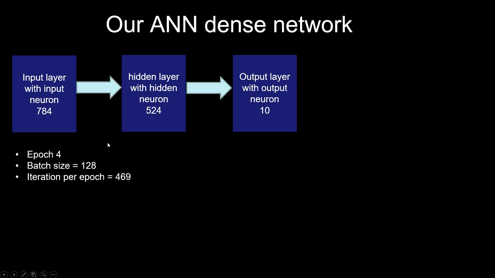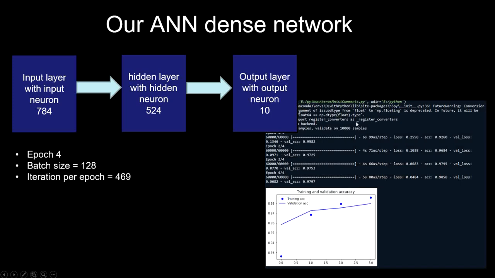In our previous case, we have an input with 784 neurons, a hidden layer with 524 neurons, and then the output layer corresponding to 0 to 9, which consists of 10 neurons. For the training session, the highest performance that we get is 98% for training and 97% for validation. This is after the optimal epoch, which we took around 4 epochs.